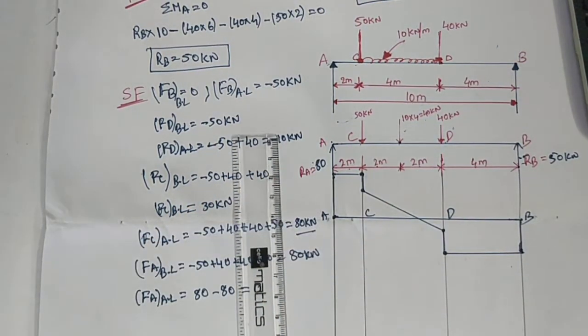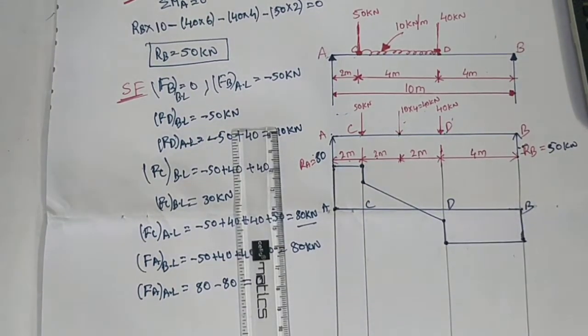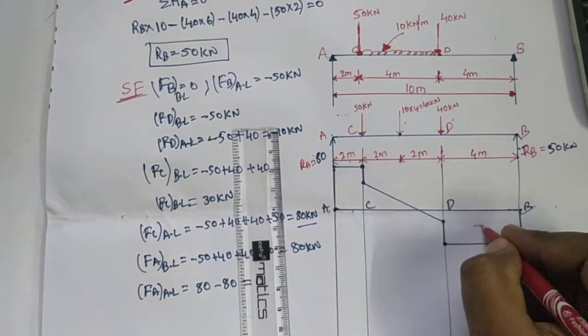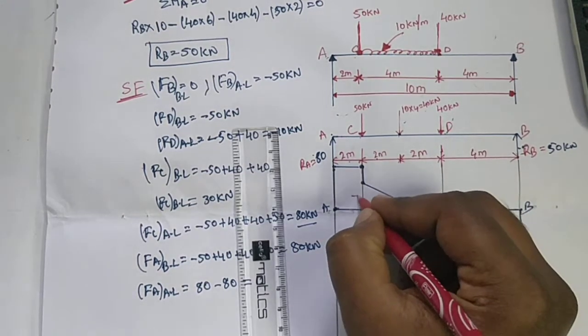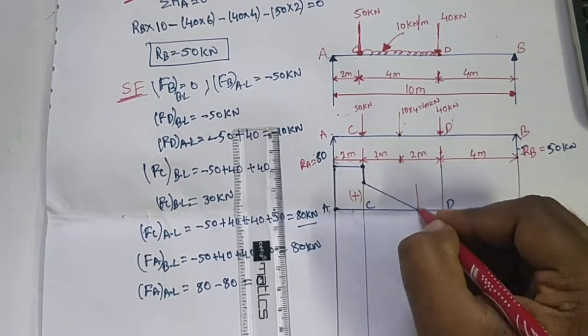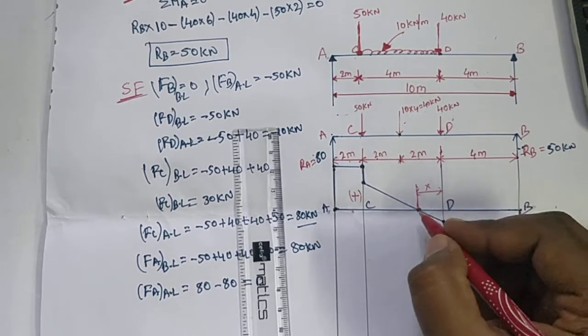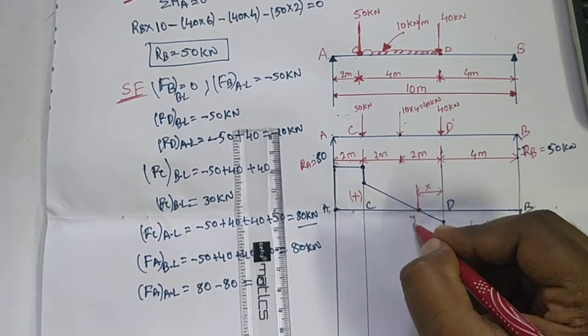It is the shear force diagram. It is the minus value, and this one is positive shear force. At this point the shear force is 0. We need to calculate this distance. Where the shear force is 0, that point I am considering as y.